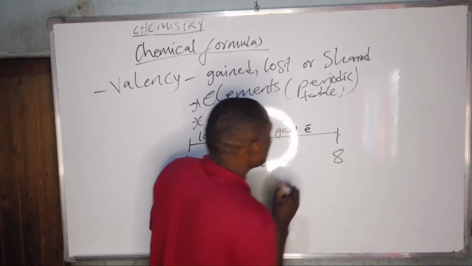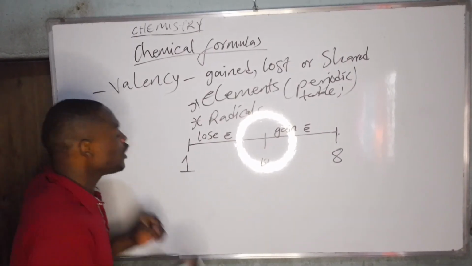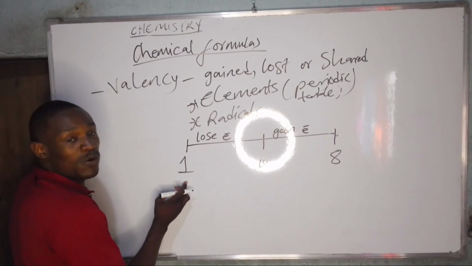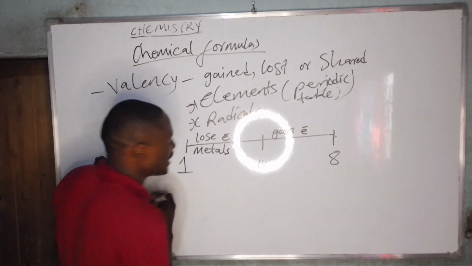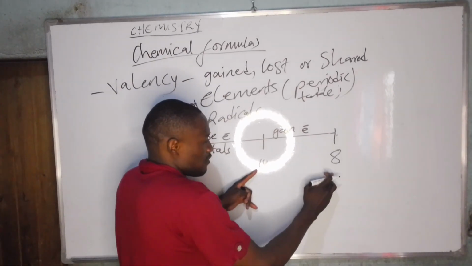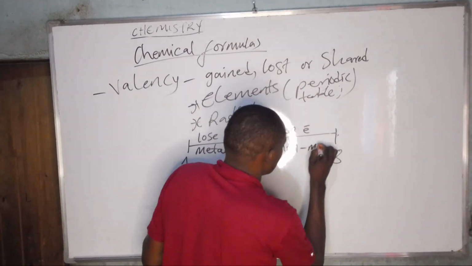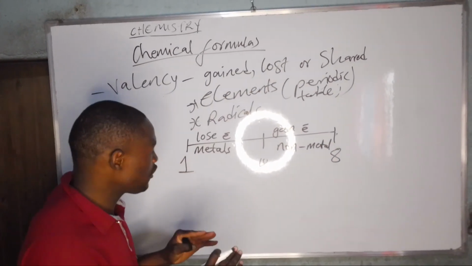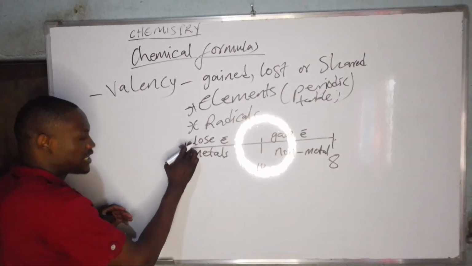So they gain electrons. Now, apart from that, most of those which are from group 4 and below are metallic elements. So they are metals in short. Then these from 4 and above, most of them are non-metals. Now, take note that for those which are less than 4, they lose electrons.